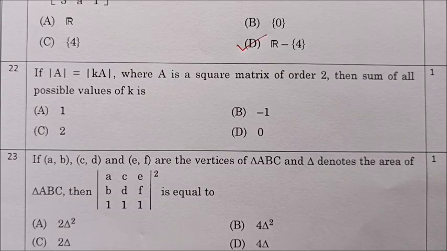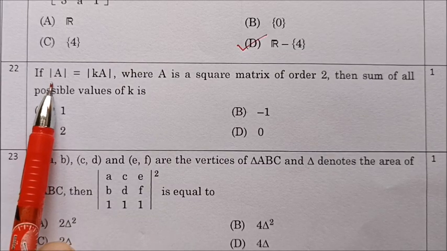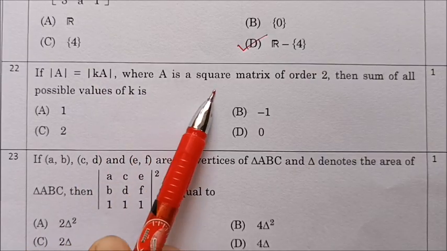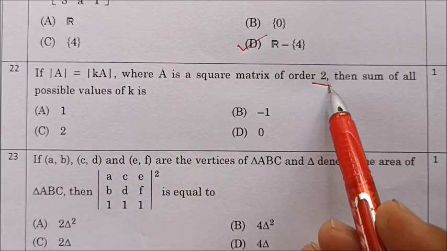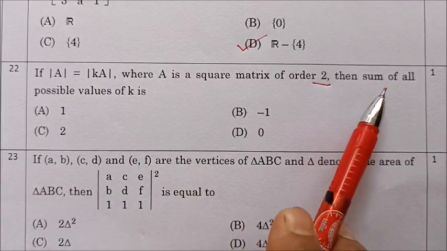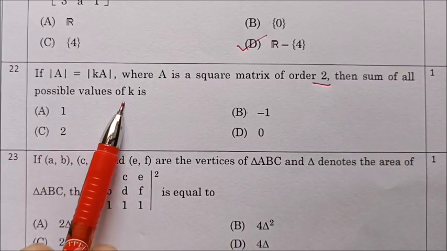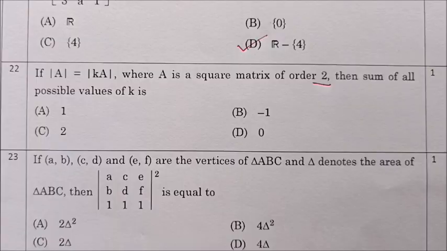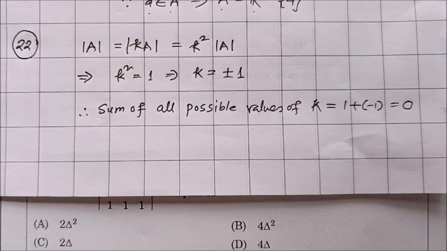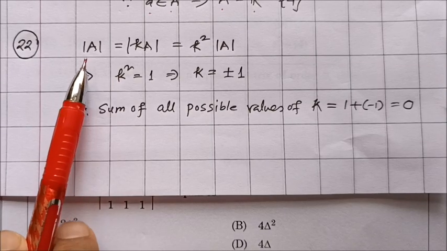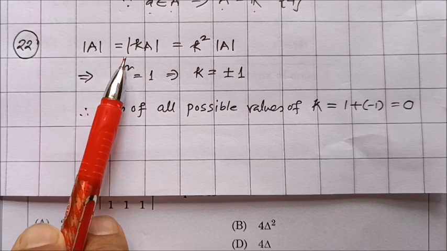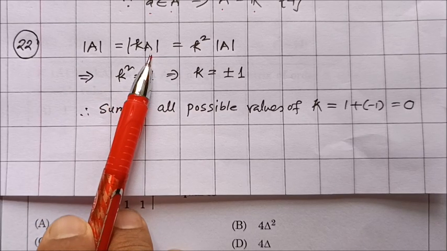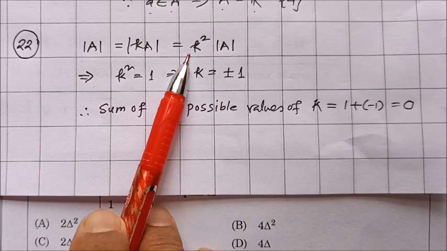Question number 22. If determinant of A is equal to determinant of Ka, where A is a square matrix of order 2, this we have to note, then the sum of all possible values of K. So this question we have to deal in this way, that determinant of A equal to determinant of Ka, and since A is a 2 by 2 square matrix, the K square will come out.